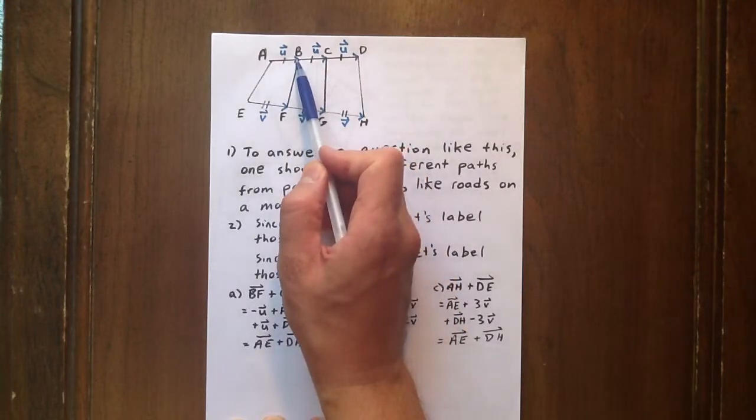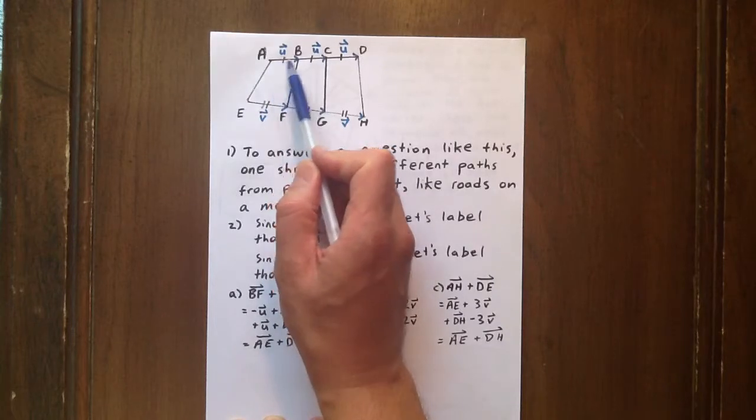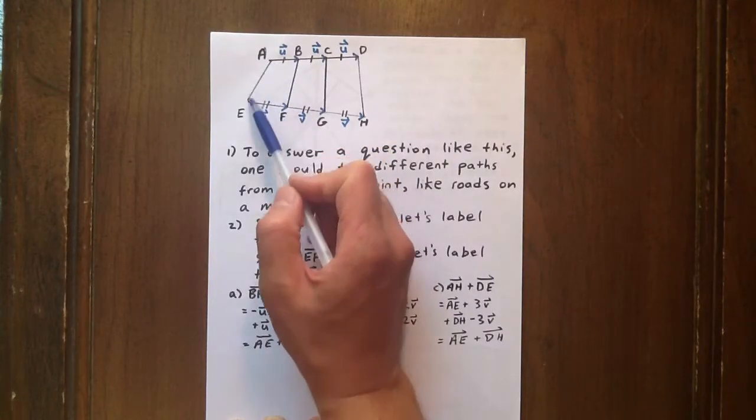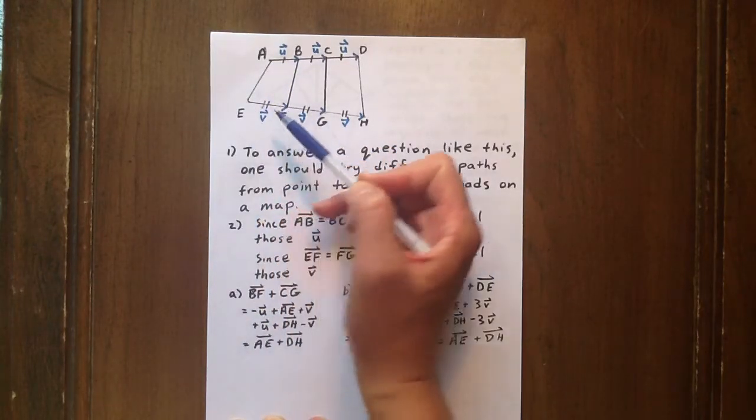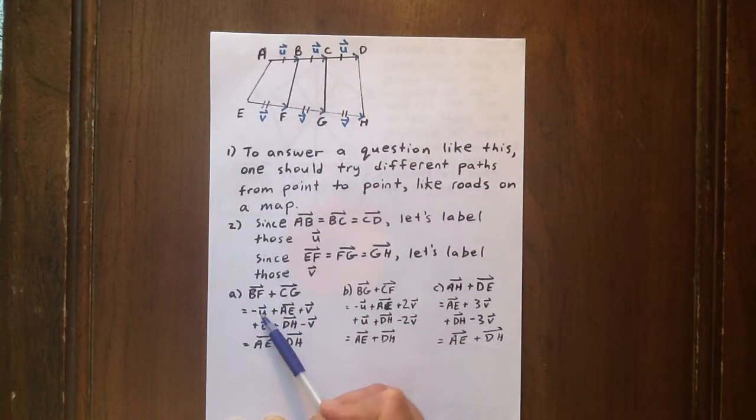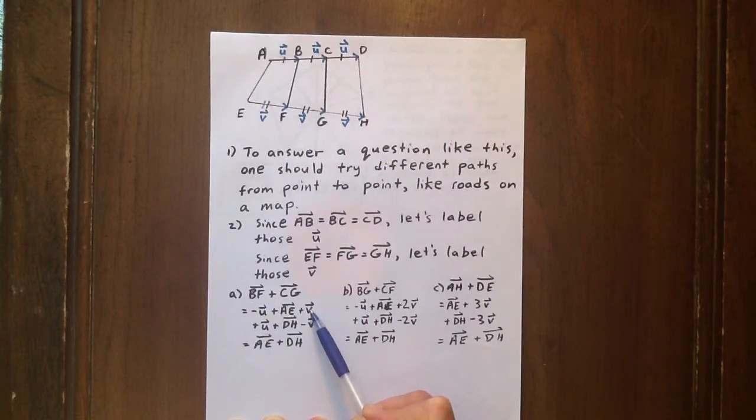Well, this is backwards along u, so that's a negative u plus AE plus positive v. So BF is negative u plus AE plus positive v.